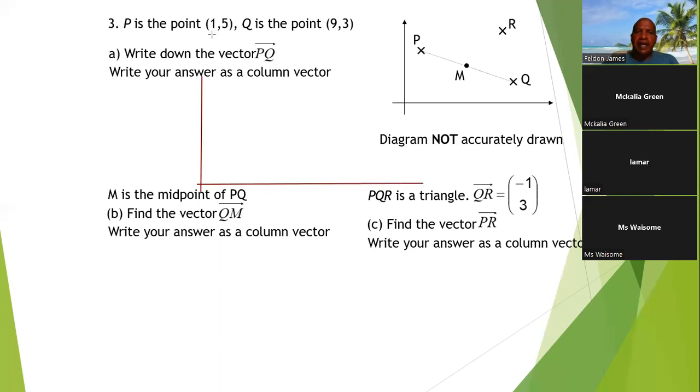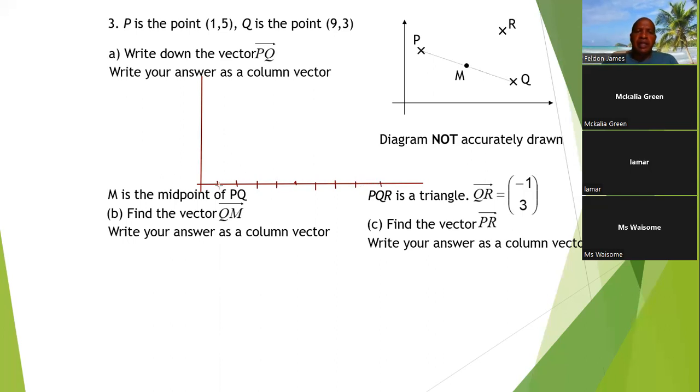So we have 1, 5, that means X equals 1 and Y equals 5. So let's say that here is 1, and it goes all the way to 9. So I need to make that a bit smaller. So you have 1, 2, 3, 4, 5, 6, 7, 8, 9.